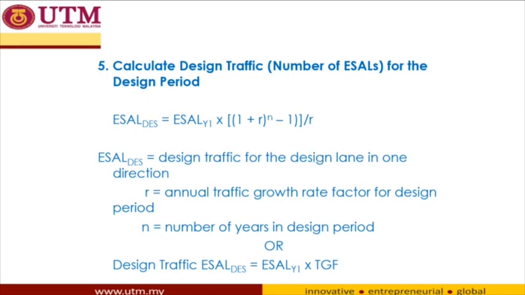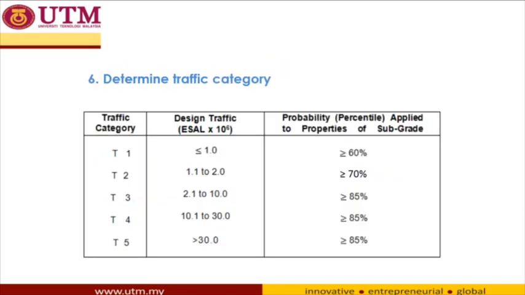After we have the total ESAL predicted for the design period, next we need to determine the traffic category based on the value calculated. From the table provided in the slide, it's clear that we have 5 traffic categories, T1, T2, T3, T4 and T5, based on the total number of axles predicted for the design period.